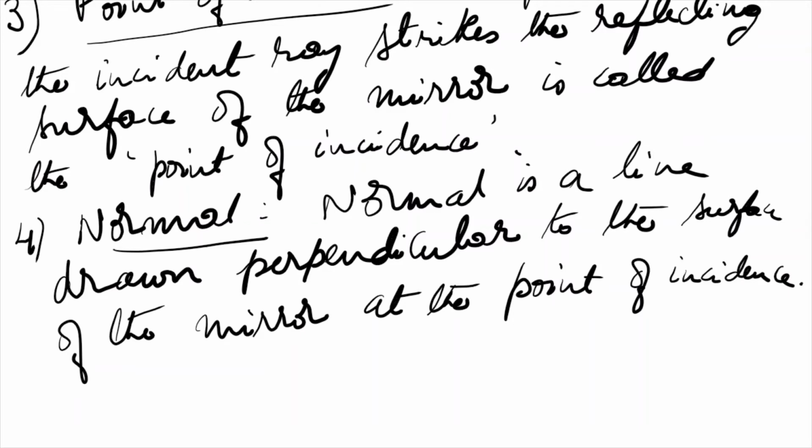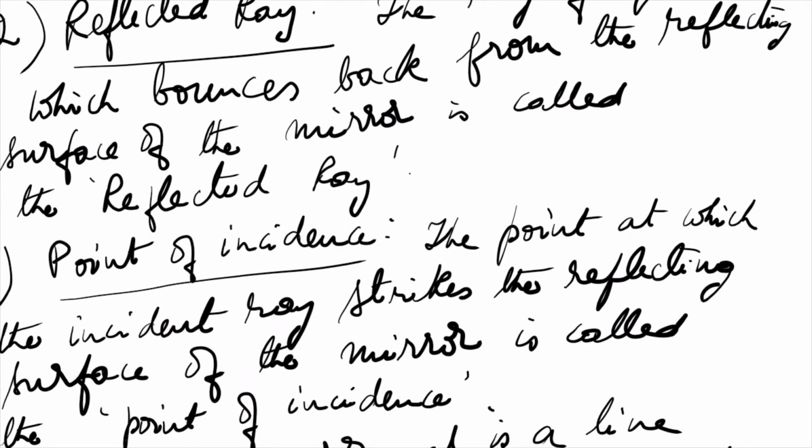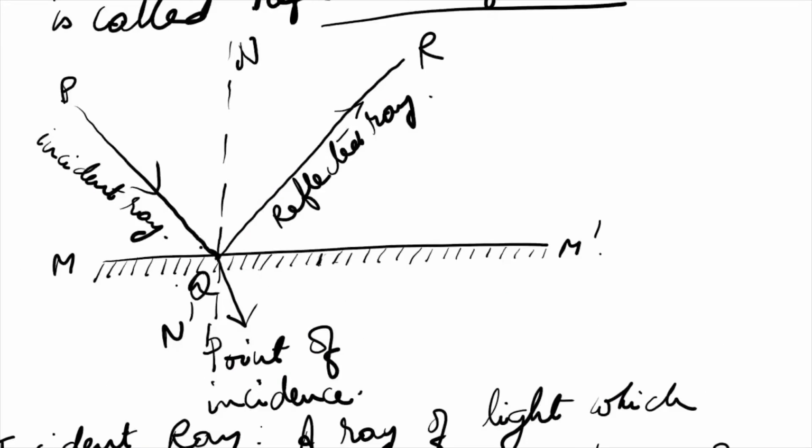Now I will teach you two more terms, that is angle of incidence and angle of reflection. Let us go back to our picture. This is the picture. Now the angle between the incident ray and the normal is called the angle of incidence.